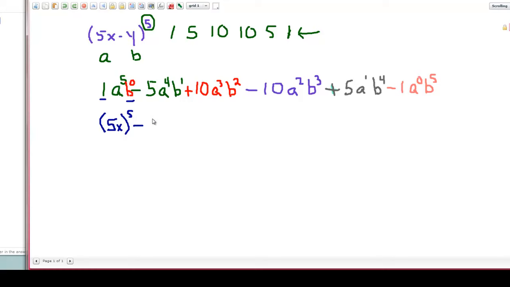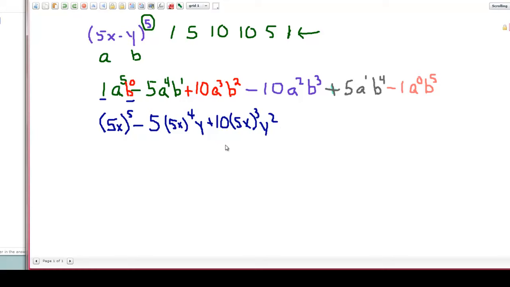So minus, we have our extra 5 coefficient now. And now A is going to be to the 4th power. And the B is just simply y. Next, we have our 10, and a is to the third power now. And b, which is just y, is to the second power.